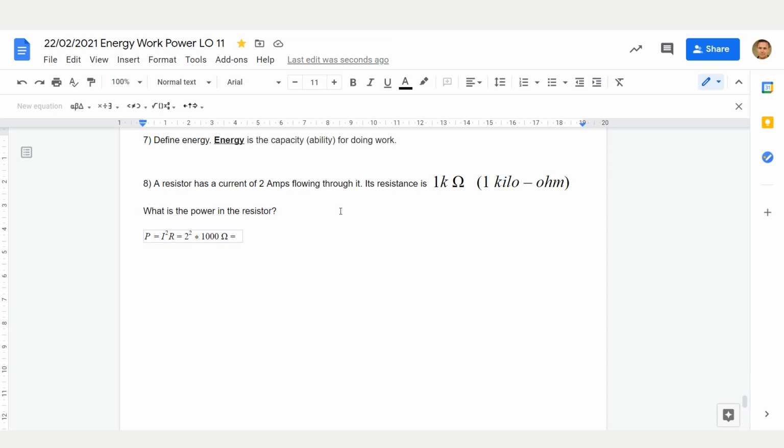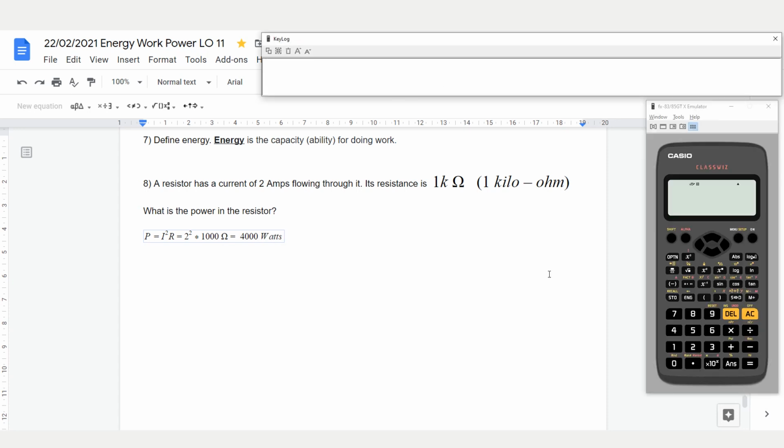So 2 squared is 4 times 1000 is 4000, and because we used amps and ohms, the power is going to be in watts. Just double check that.